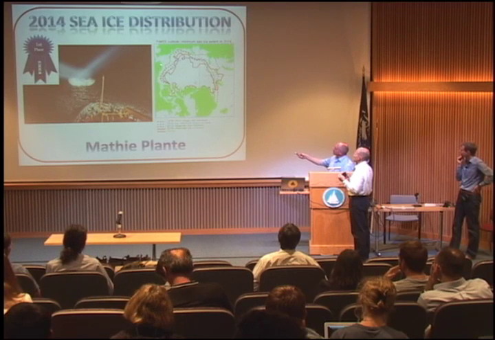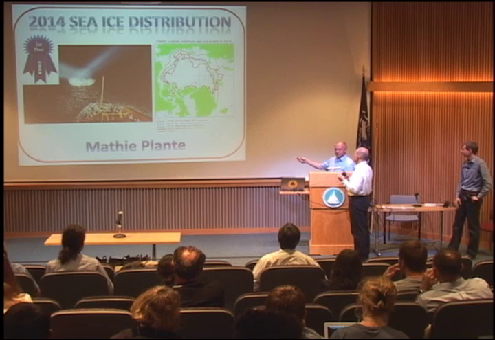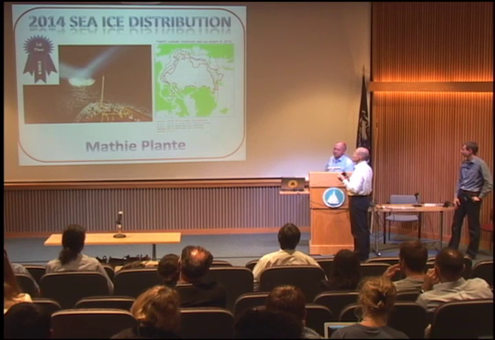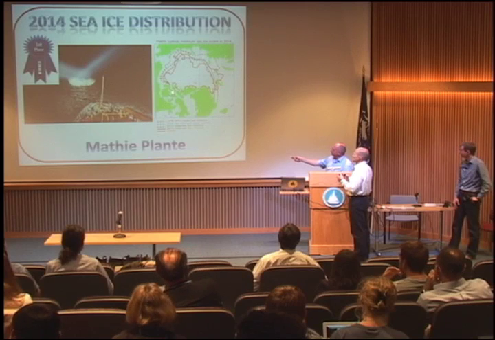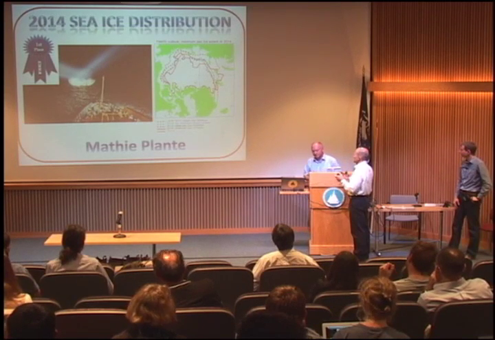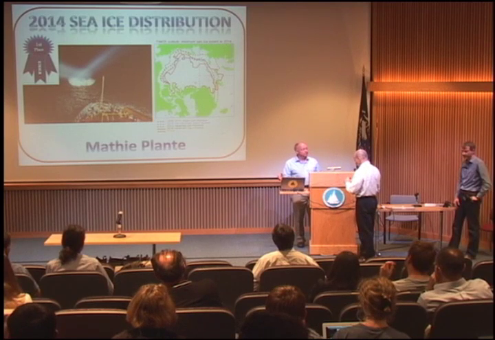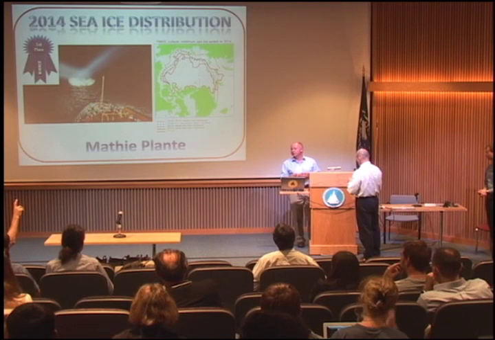So we would like to have closed contours with your predictions, just to show how much sea ice, ice extent, is in this strait. That's it. Now we are moving to the real sea ice science session.